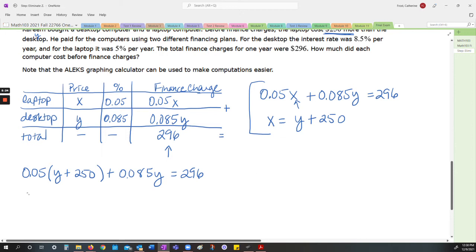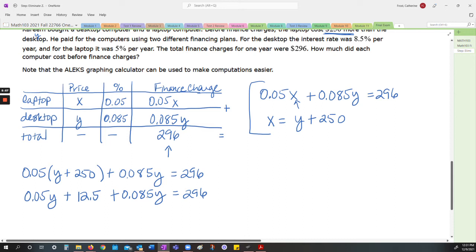So distributing, we get 0.05y plus, I think I'm going to use a calculator for this. 0.05 times 250 is 12.5. And then plus 0.085y is equal to 296.